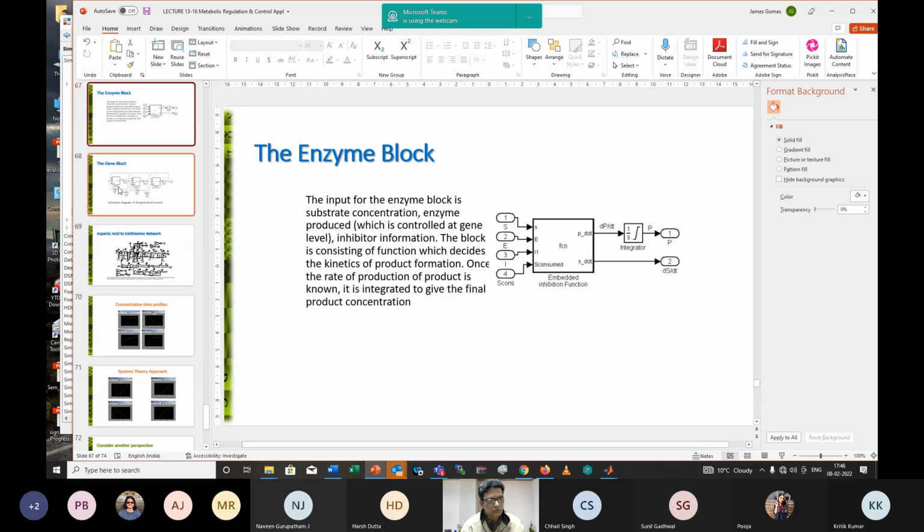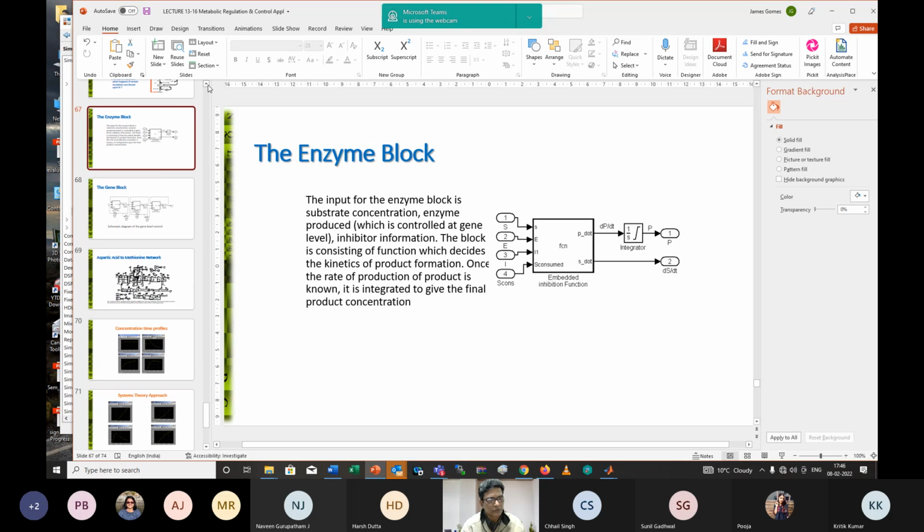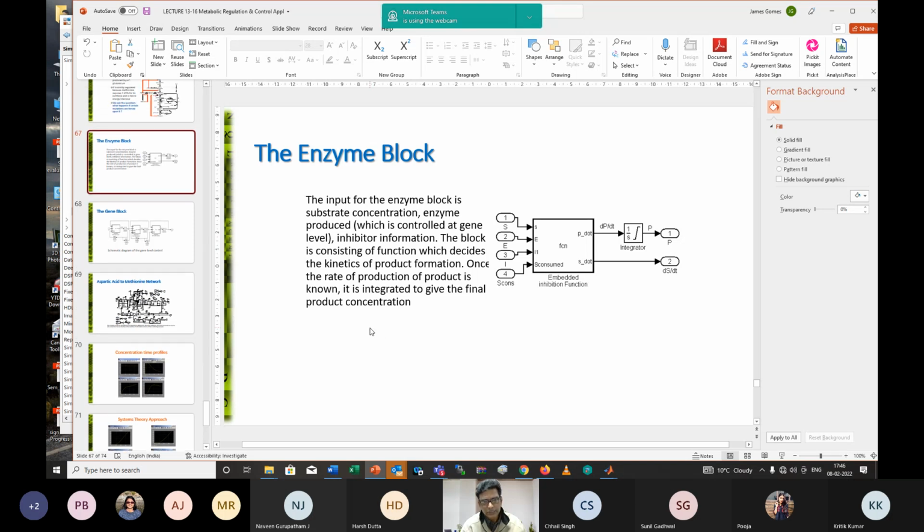So to do that, you essentially do a model, and in this case, to illustrate the point, we are using the same Simulink that I showed you earlier. Inside the Simulink, you'll have this embedded function inside the system.